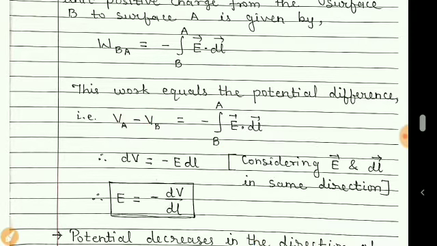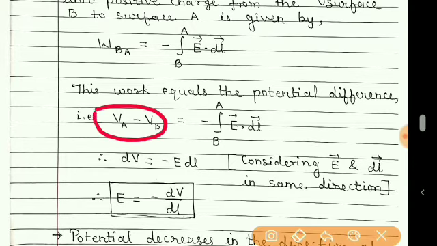Now here the difference between the potentials is given, and if we consider a very small difference, then we use dV. If a large difference is considered, then we use delta V. Here we consider a very small displacement, so the symbol used is dV.